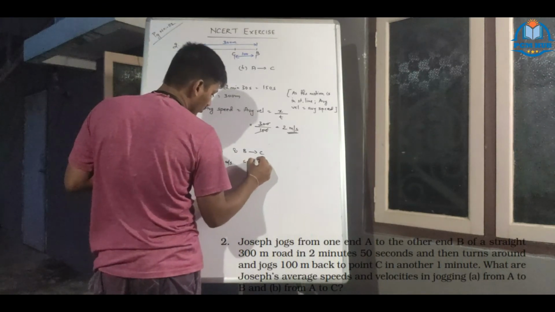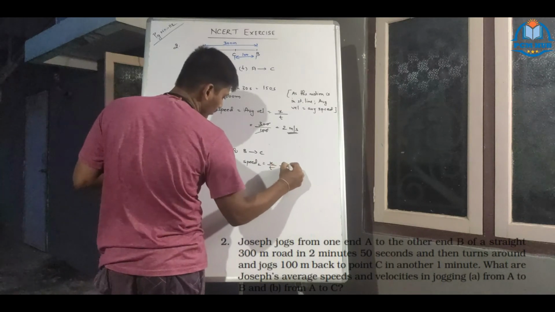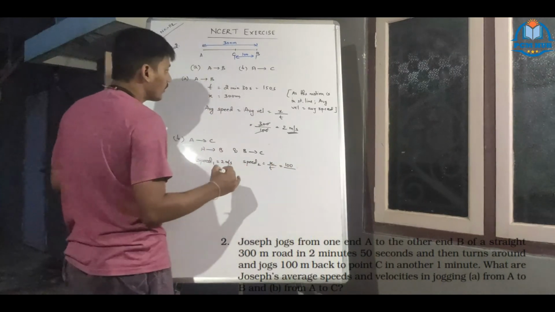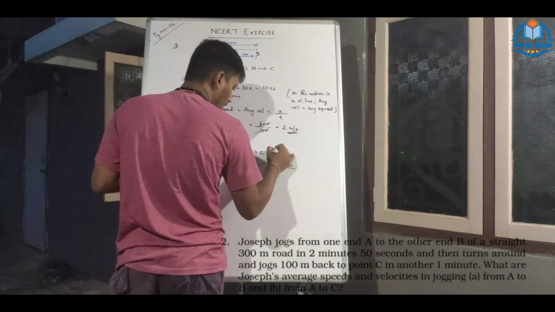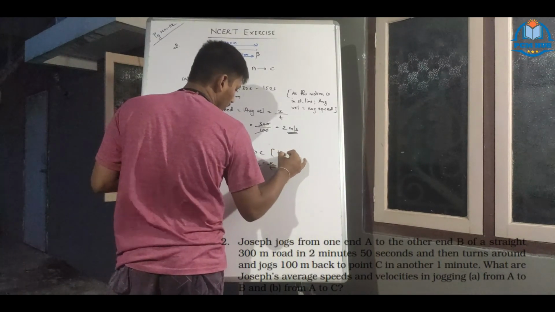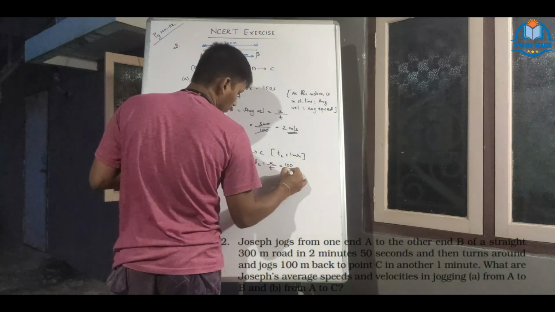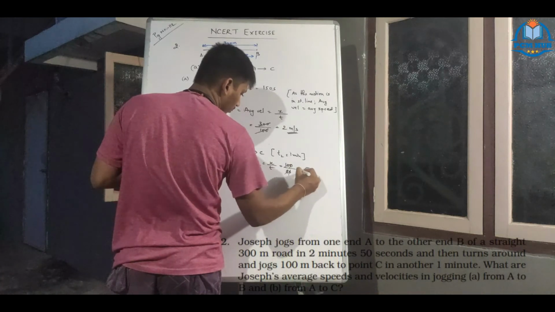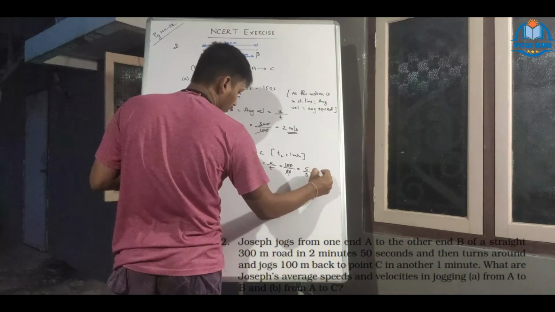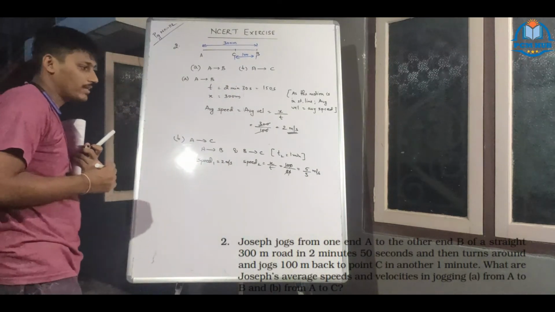Speed 2 equals x by t, distance 100 meters. What is the time taken? It is taking 1 minute. Time taken t2 equals 1 minute, which means 60 seconds. So 100 by 60 is 5 by 3 meters per second. 2 meters per second, 5 by 3 meters per second.